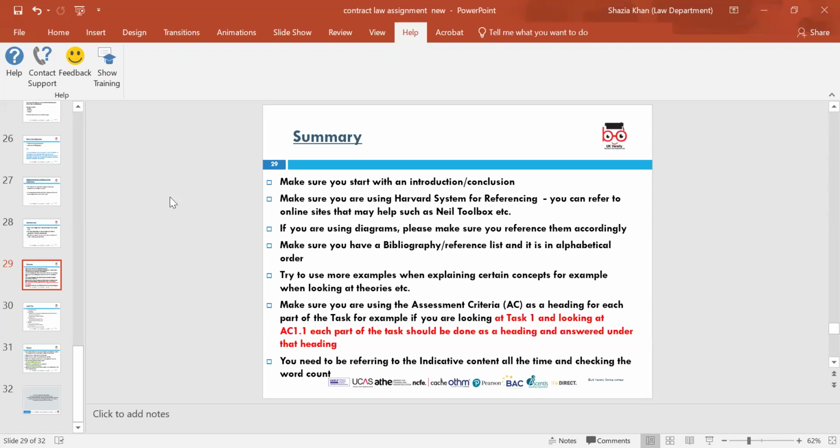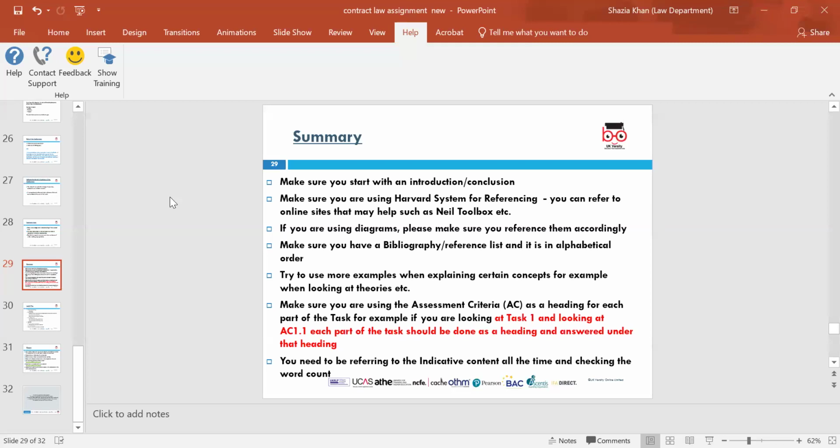Try to use more examples when explaining certain concepts. For example, when looking at theories, or at the different types of misrepresentation, or when looking at what an offer is, what acceptance is, make sure you have a case in there that identifies the principle, it might be the first case that identified what an offer was, what acceptance was. So you need to be able to support your answer with case law, because it's so important.